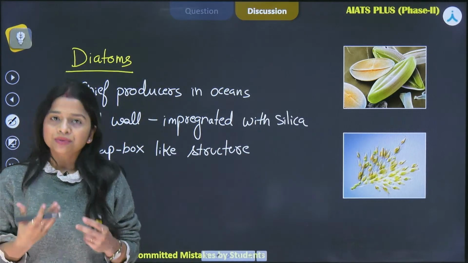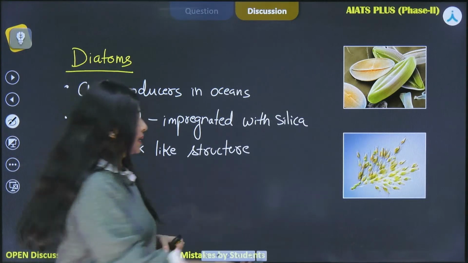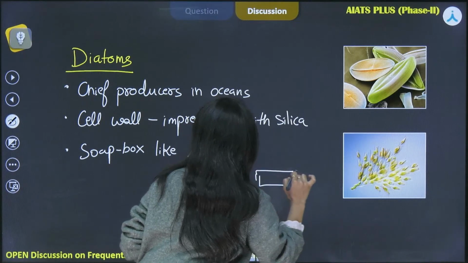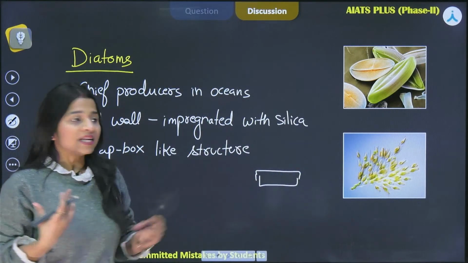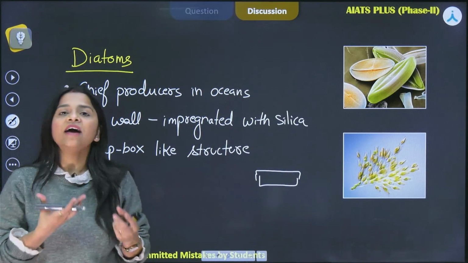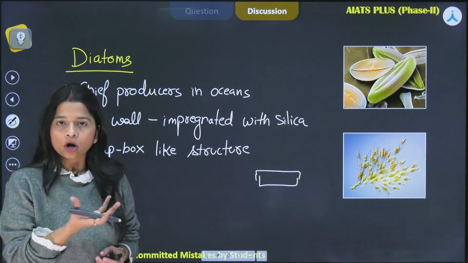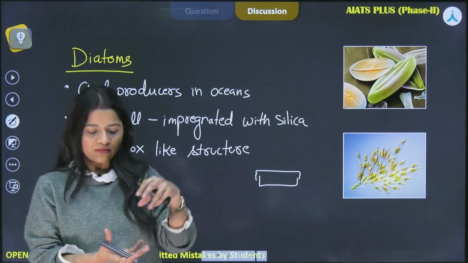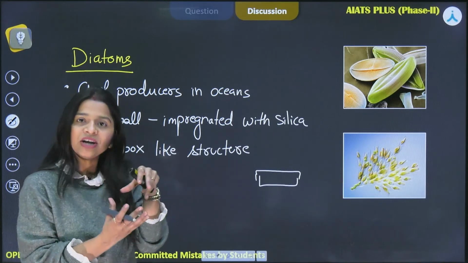As I told you, they are unicellular. The cell wall is arranged in such a fashion. We have seen the soap box. There is the lower part in which we keep the soap. There is the lid of that soap box, and when we put them together, they just fit in very well.